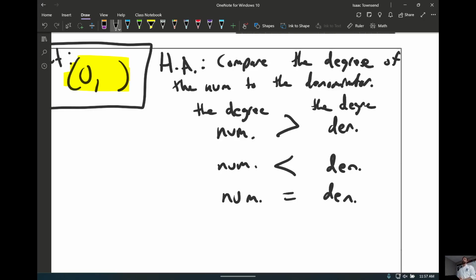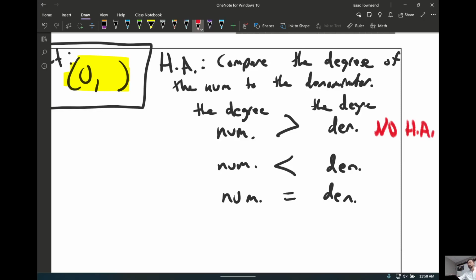Those are the 3 possibilities. So when the numerator is bigger, that means your graph's either going up forever to infinity or down forever to negative infinity, depending on other stuff. But we would say there's no horizontal asymptote. It's not going to a number.